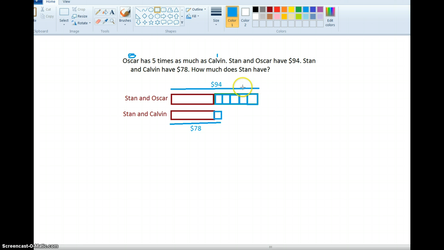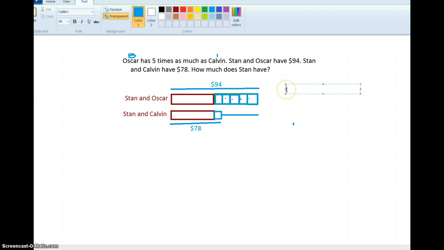Now, if we notice, the difference between these two is 4 units, because the 4 units over here, okay, this would be the difference, and it would be 4 units. 1, 2, 3, and 4 units. And this difference is $94 minus $78, which is $16.